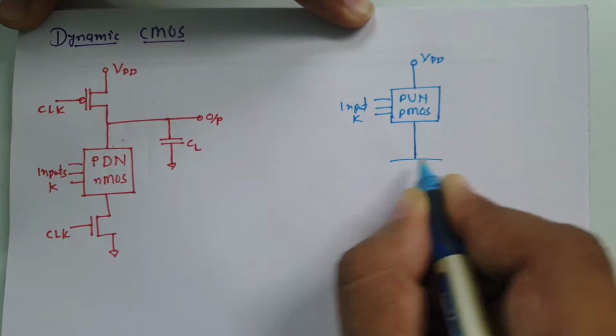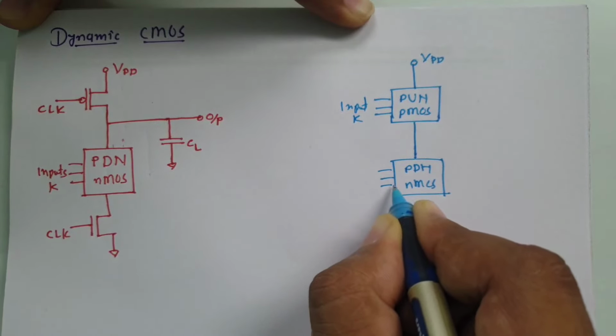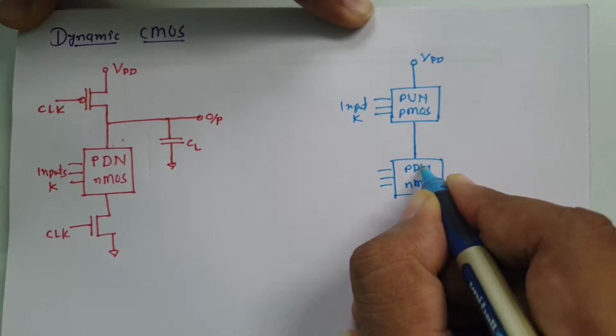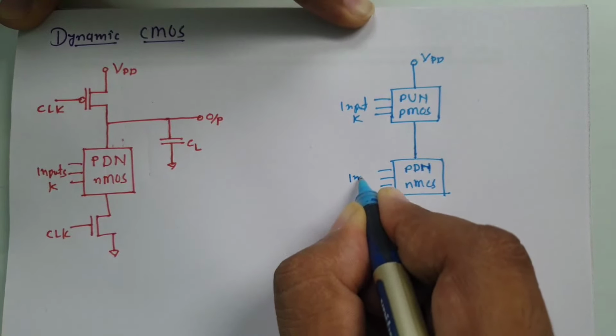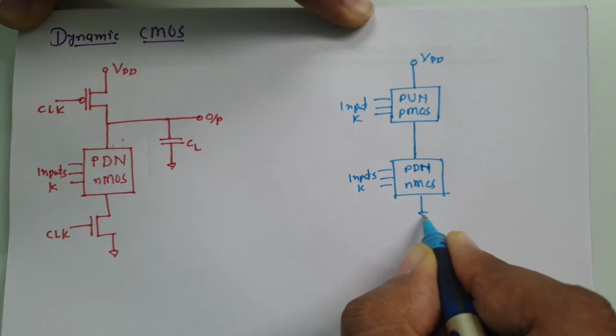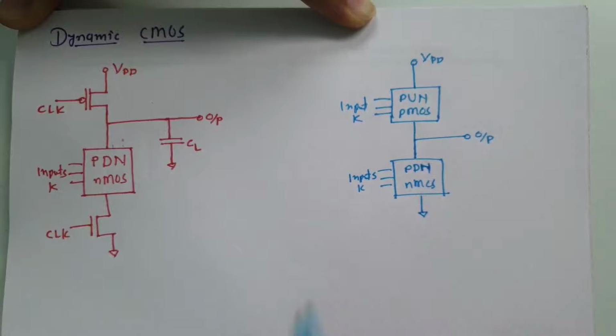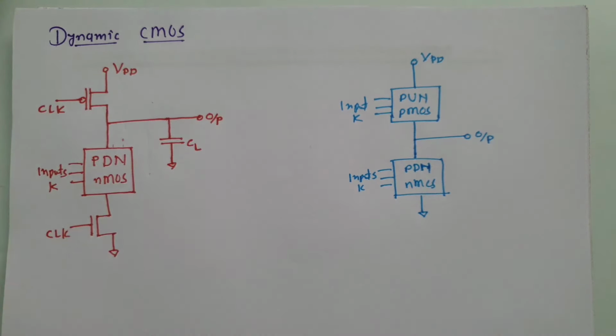After that there was a pull down network made of NMOS, again with k number of inputs, and then ground, and we took the output from this terminal. That is the Static CMOS structure we have seen.